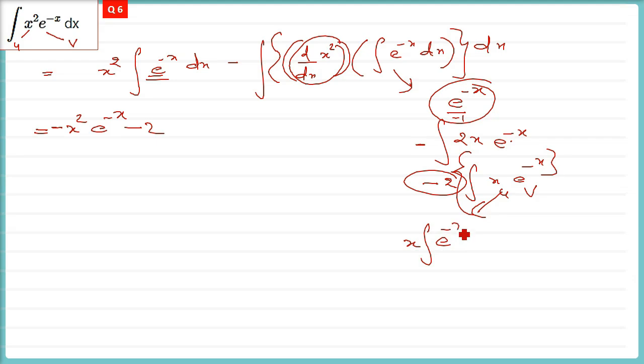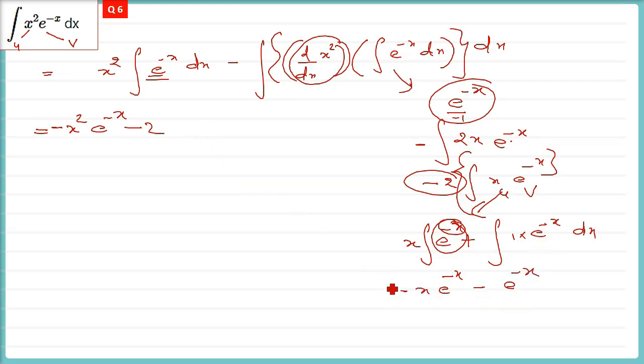So x, first function, times the integration of e raised minus x, then the integration of the differentiation of the first function, d by dx of x, that is 1, times the integration of e raised minus x, which is negative e raised minus x, so the negative you can take outside. So this will be x e raised minus x, and negative e raised minus x, minus x e raised minus x, and the negative will come out, e raised minus x.